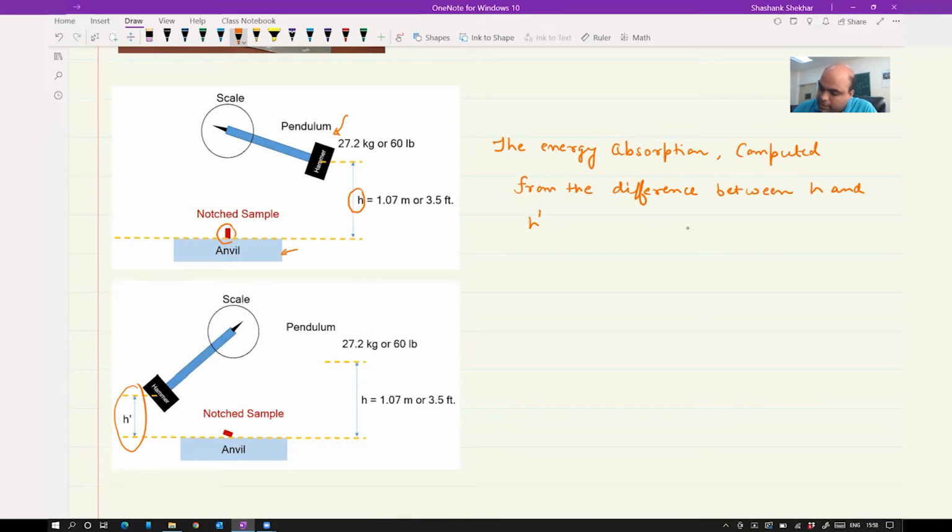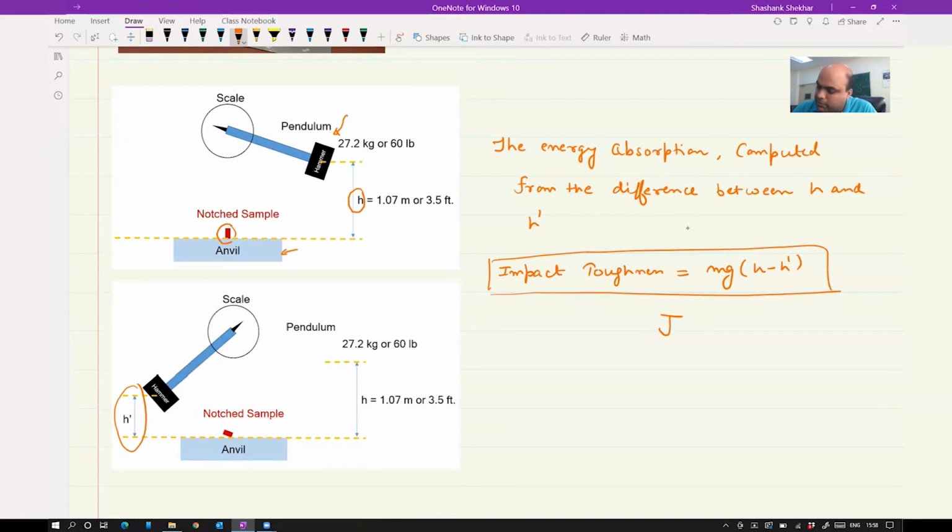Okay, so that will be the impact toughness. It will be given as mgh minus mgh dash, and typically the unit is joule. So the initial energy is mgh, the final energy is mgh dash. You have to take the difference between the two, and that will be given as the impact toughness.